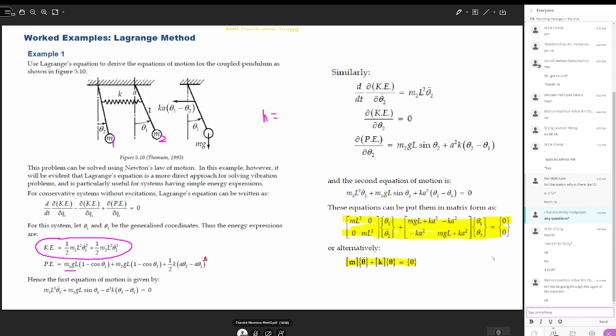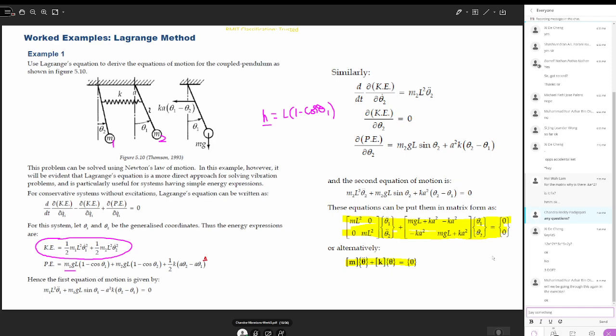The total length of the string is L, so you can write this as L into 1 minus cos theta 1. This is a simple geometric relationship. We need to know the height of the pendulum from the horizontal. The total is L, so the difference will be L cos theta. That's why h becomes L into 1 minus cos theta.